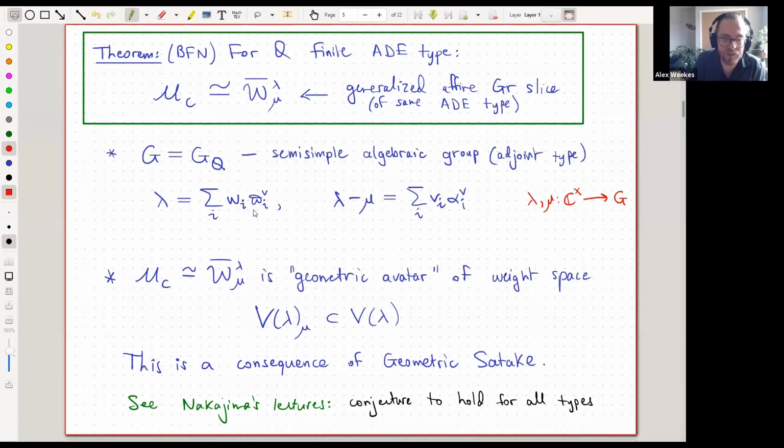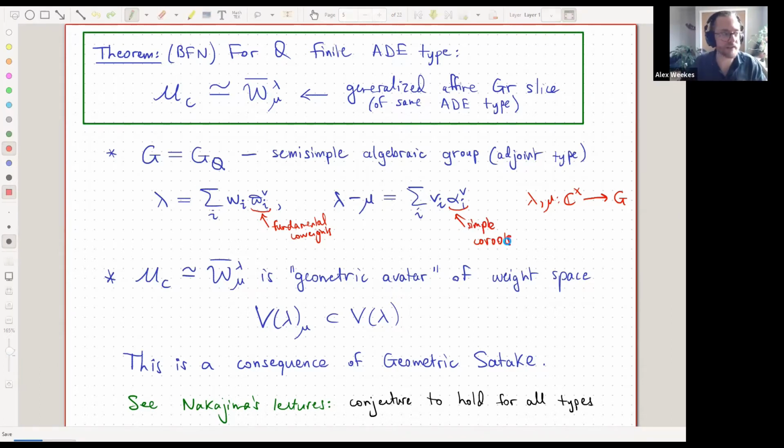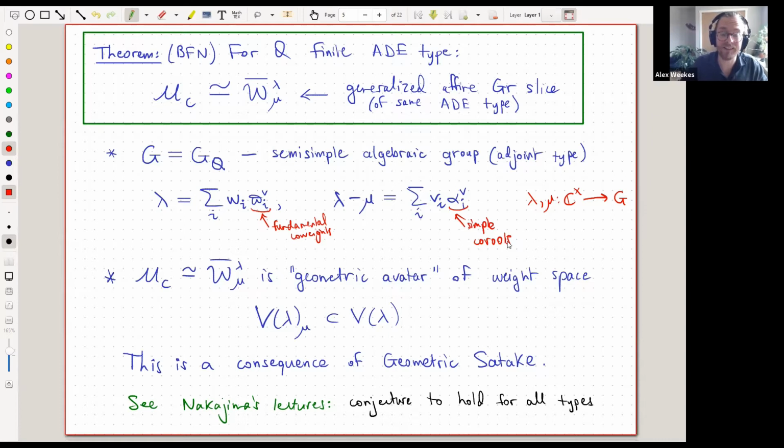If this notation looks funny, what I meant here is these are fundamental coweights, and these are simple coroots. There's a lot of "co" going on, and that's because there's some sort of Langlands duality that will tend to happen here, although in finite ADE type we will not see it.